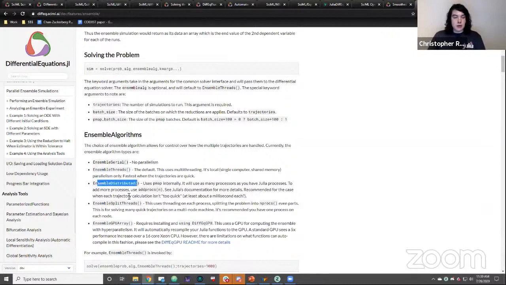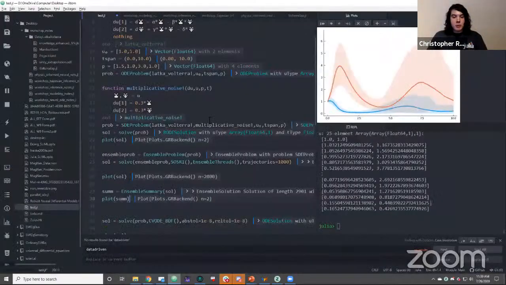You can utilize distributed computing, so you can make this solve 100,000 trajectories across a cluster without doing any more work than doing add procs. You can utilize threads and clusters, and you can utilize GPUs automatically. So all of these do not require that you change your code at all. It just takes your existing code and parallelizes it across the different trajectories.